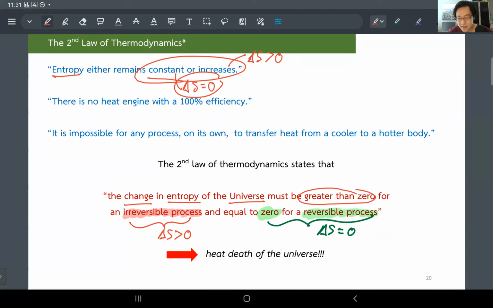Isn't that crazy? And you have probably heard of this from a scientific article or something. We are moving towards the heat death of the universe. The universe is expanding, and by the time the universe finishes all of its expansion, that's the end of time. Believe it or not.